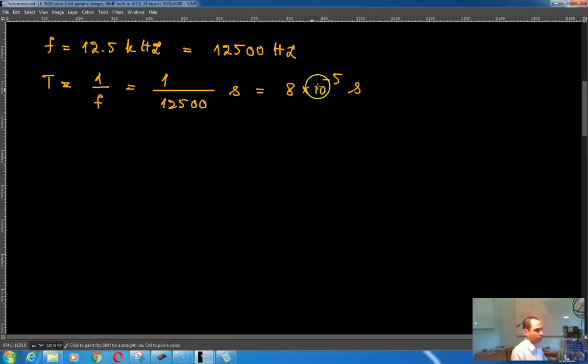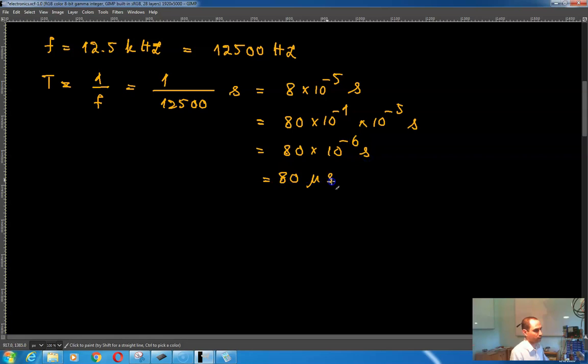So you can write this as, for example, 0.80 times 10 raised to the power negative 1 times 10 raised to the power negative 5 seconds, and that would be 80 times 10 raised to the power negative 6 seconds, which is equal to 80 microseconds, right?